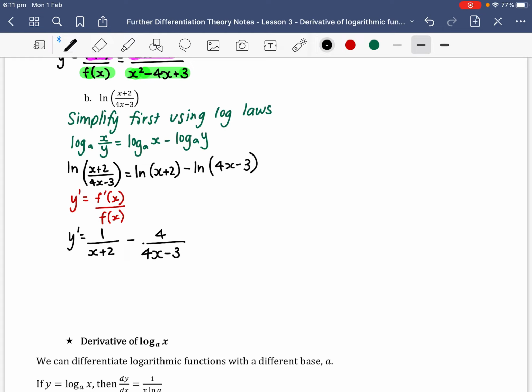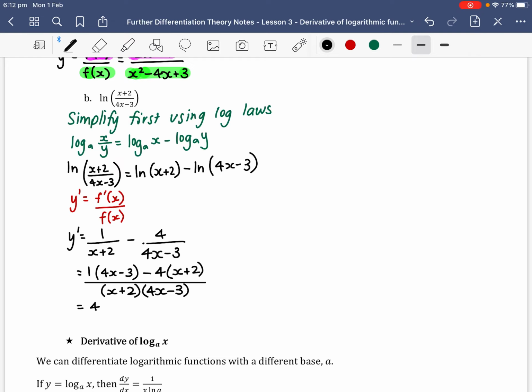So now we just want to tidy this up. And to tidy this up, we're going to multiply by the opposite denominator so that we have one whole denominator. So this will be 1 times our opposite denominator of 4x minus 3, minus 4 times our opposite denominator of x plus 2, all divided by our denominators multiplied together, so x plus 2 multiplied by 4x minus 3.